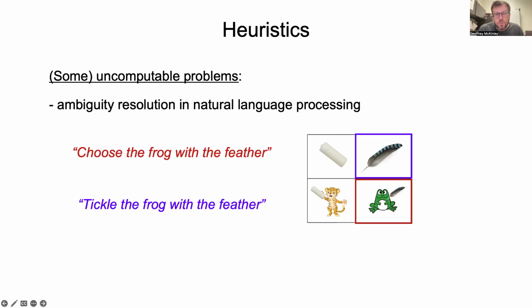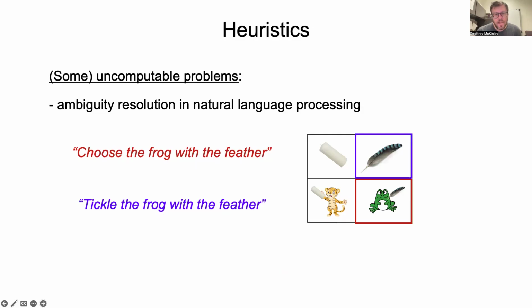But the verb choose has developed a bias due to how it tends to be used in everyday language, right? There's a distribution. If you were to look at how often the word choose was used, and in what kind of sentences, you would find that the verb choose was more likely to be used in a certain way.